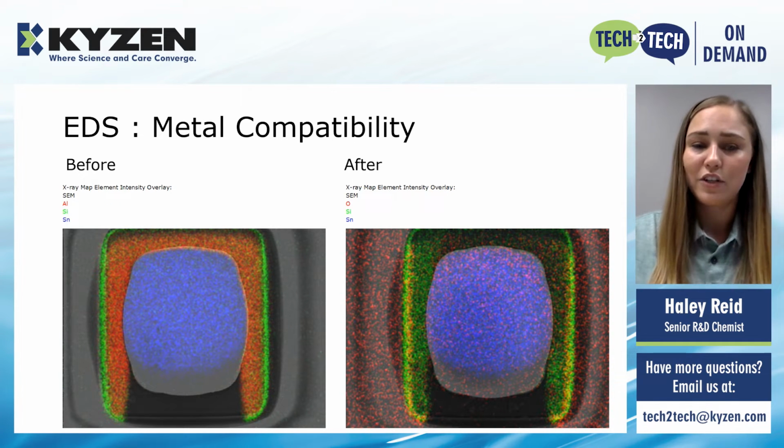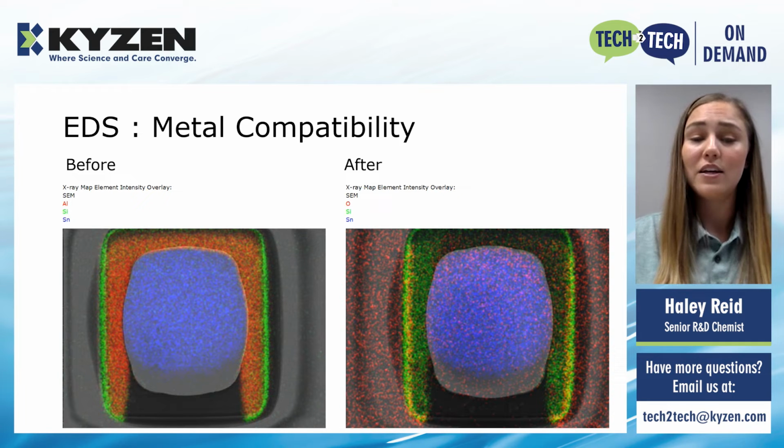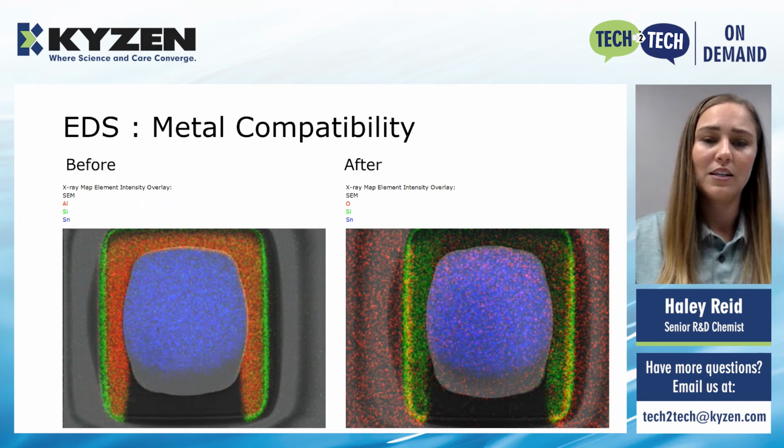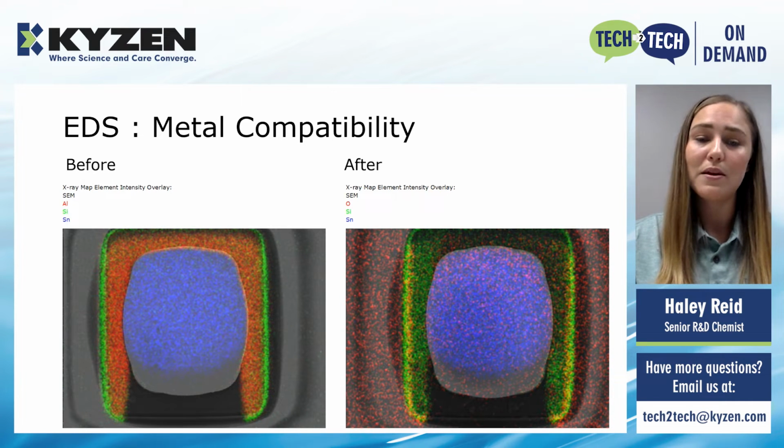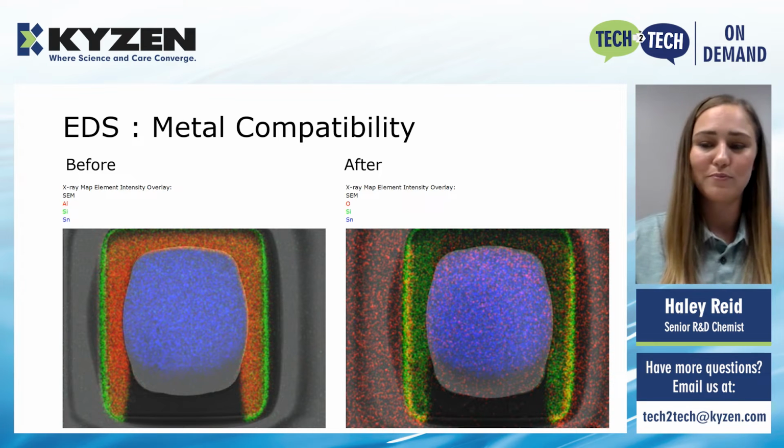On the right side, after cleaning, you can see that there is some aluminum on the surface, but mostly that pad is now silicon. That means we actually lifted the aluminum off, leaving just the silicon pad behind. So this was a great method that we couldn't use normal microscopy for, but this made it very clear this was incompatible.